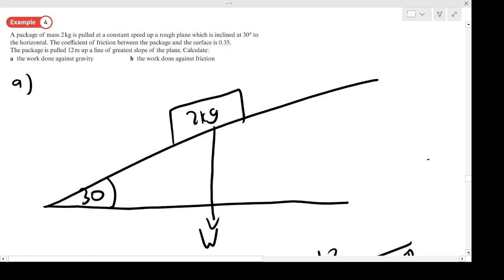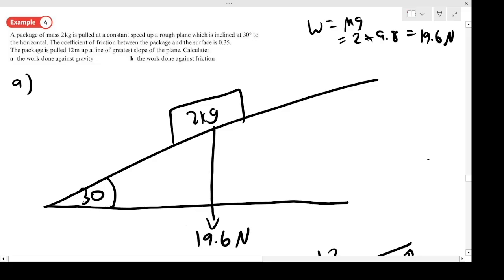We can be quite quick with weight, because weight is mass times g, so 2 times 9.8, which is 19.6. Then there's a reaction force. Now it's moving up the plane, so friction is going to act in the opposite direction, down the plane.